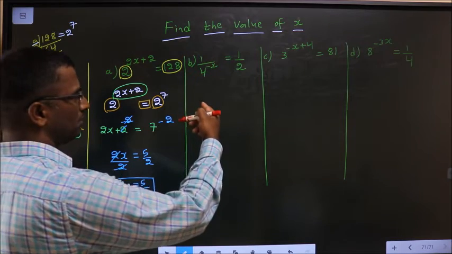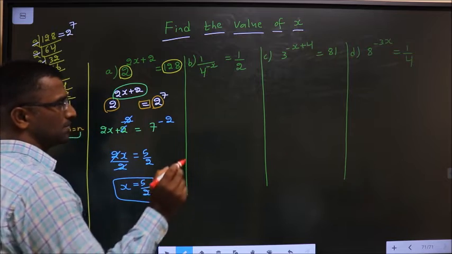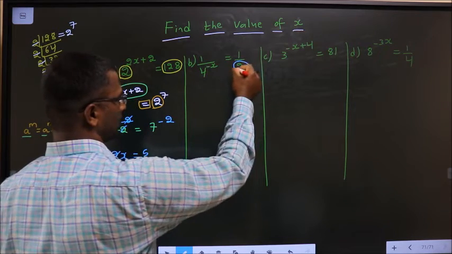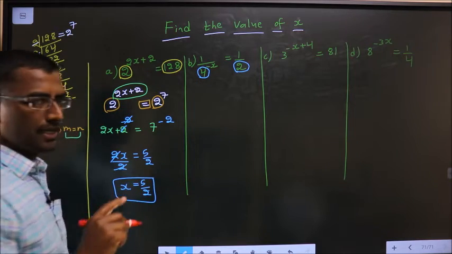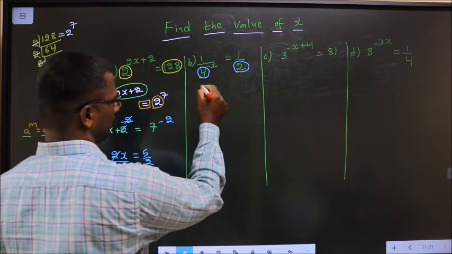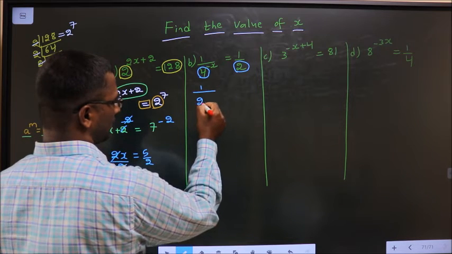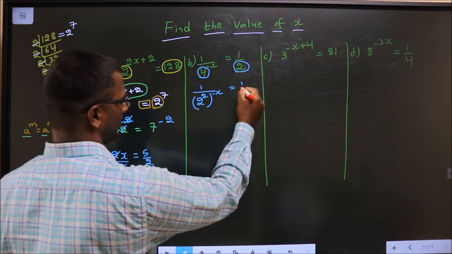1 by 4 power minus x equal to 1 by 2. See here. You should observe that the base is 2 here and here it is 4. Let us rewrite 4 also to the base 2. For that, 1 by 4 is nothing but 1 by 2 power 2, power minus x equal to 1 by 2.